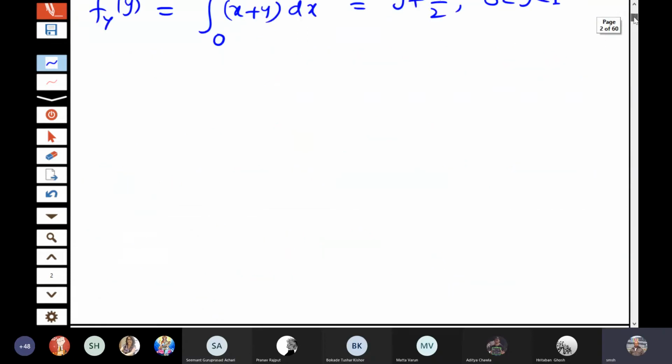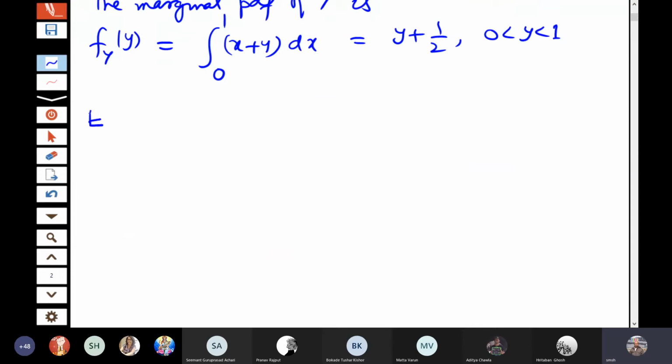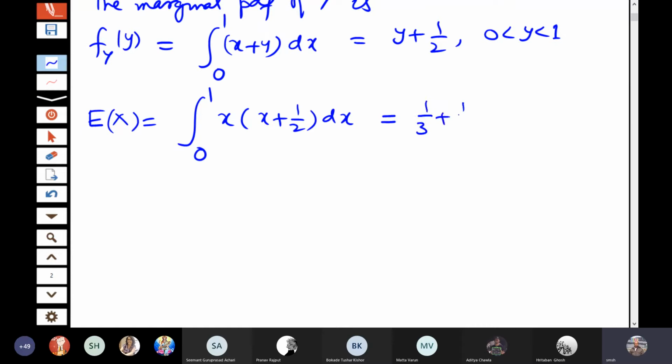So from here we can calculate the expectation of x, that is integral x into x plus half dx from 0 to 1. So that is 1 by 3 plus 1 by 4, that is 7 by 12.